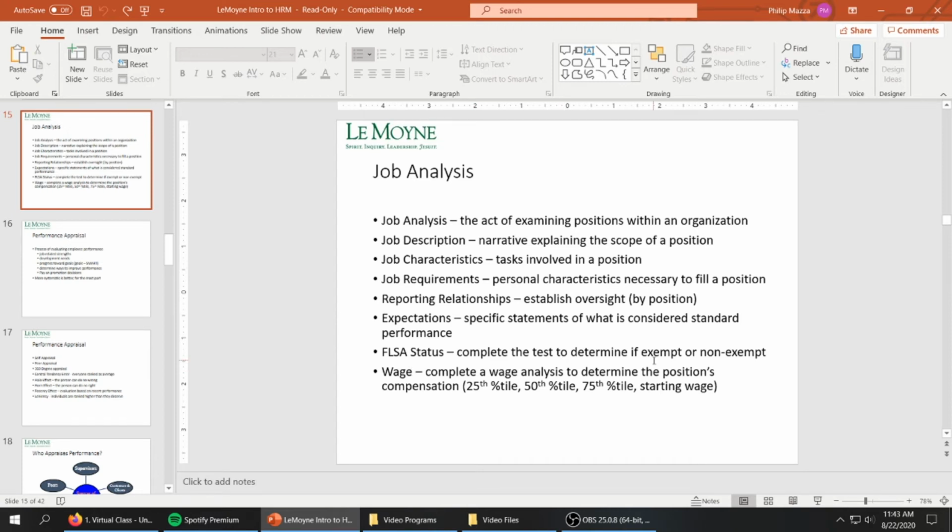FLSA stands for Fair Labor Standards Act, and will determine if the position is paid by the hour or is paid by the week or on a salary basis. And a wage or a wage range will be determined. A lot of this information that we see on this slide goes into an HRIS, and we will see that when we begin to explore the HRIS.